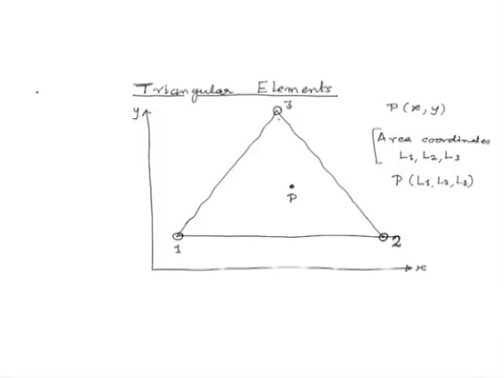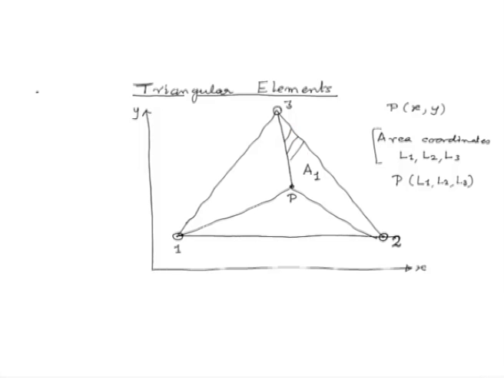Now let us join this point P with the three vertices. Thereby we effectively divide our triangle into three subtriangles. The subtriangle which is straight in front of node 1, this area would be called A subscript 1.